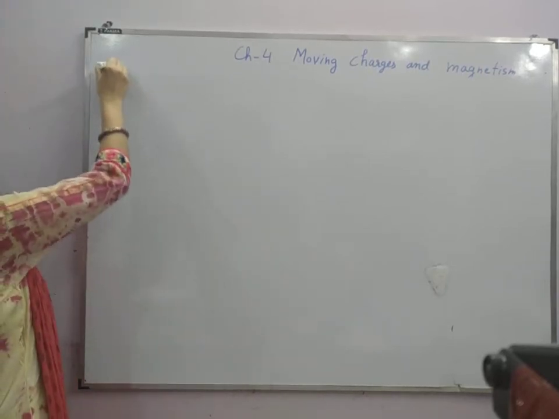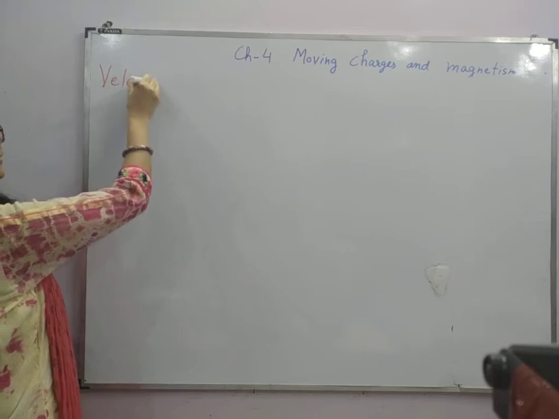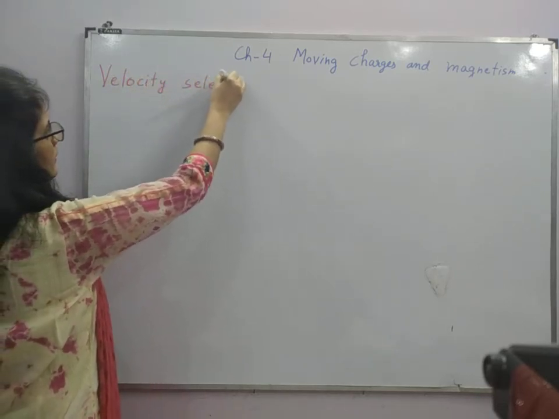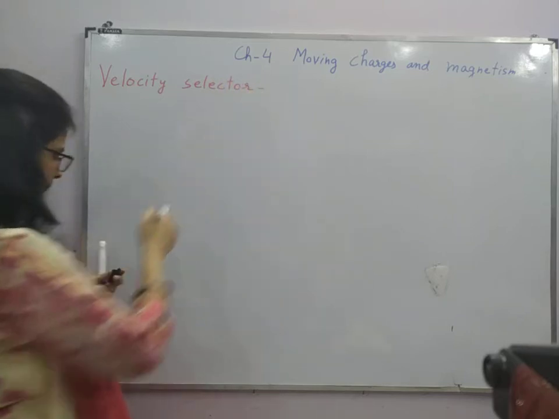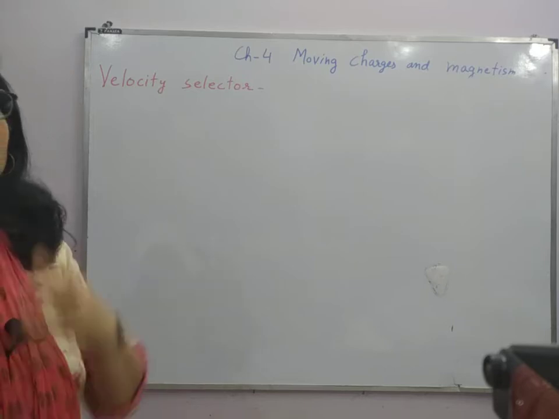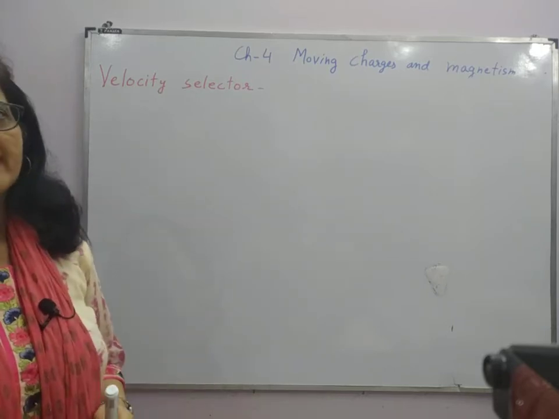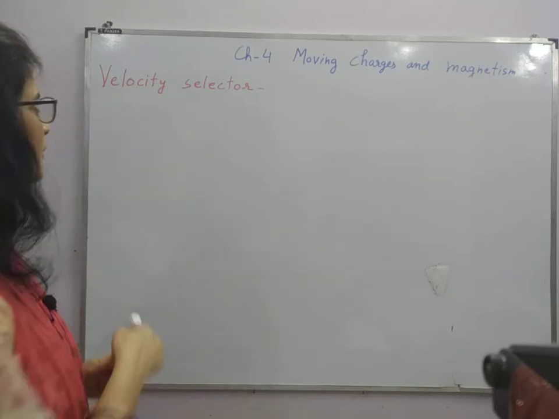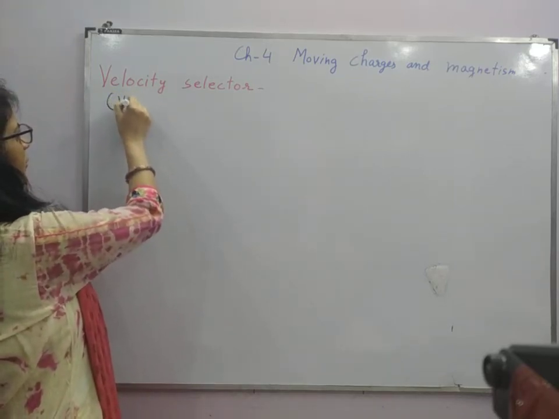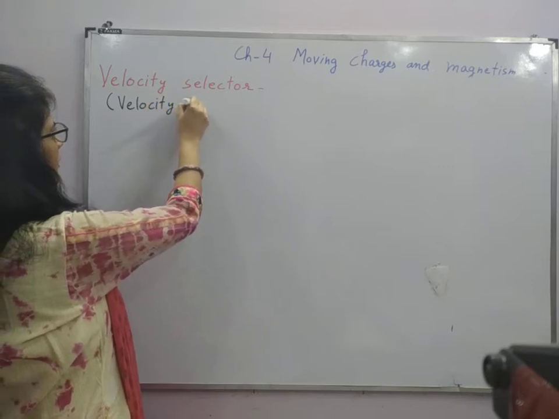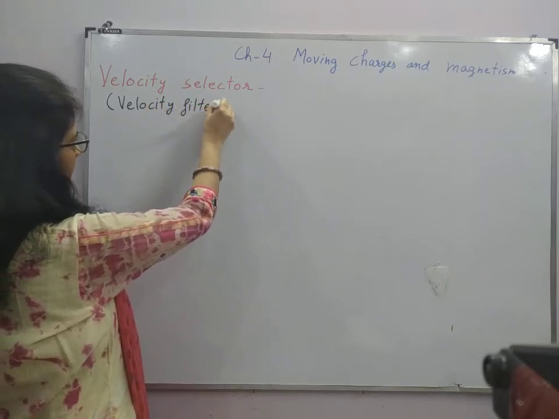So what is a velocity selector? As the name itself indicates, a velocity selector is a device which selects particles of a particular velocity, right? So the other name is velocity filter, right?